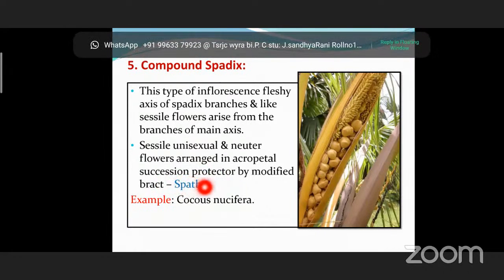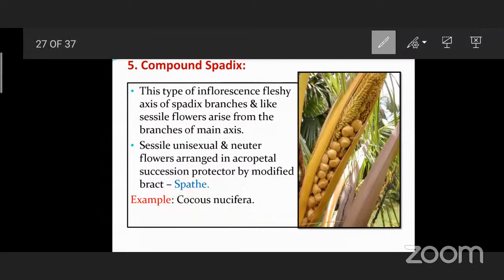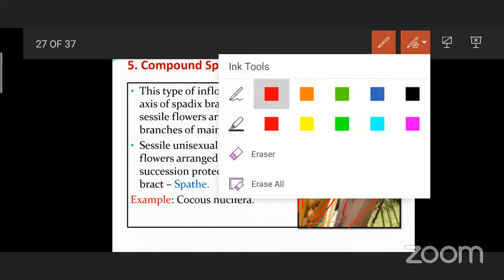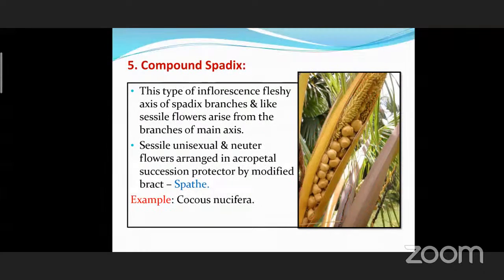They are protected by a modified bract called the spathe. See here, this is the spathe, a modified bract. This is compound spadix.